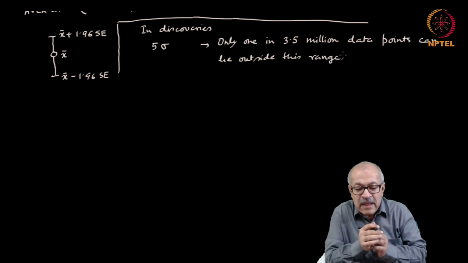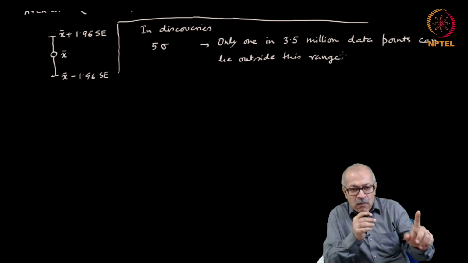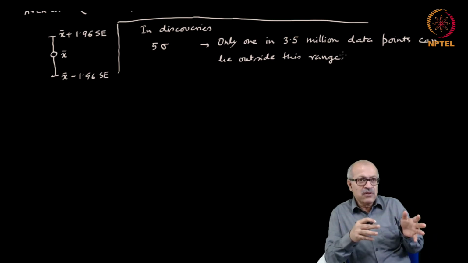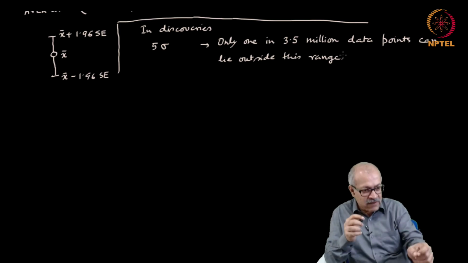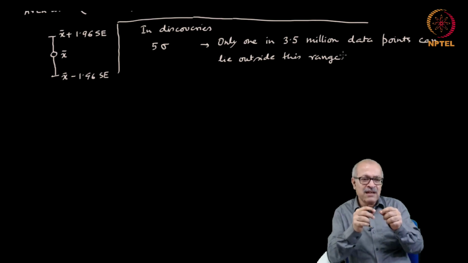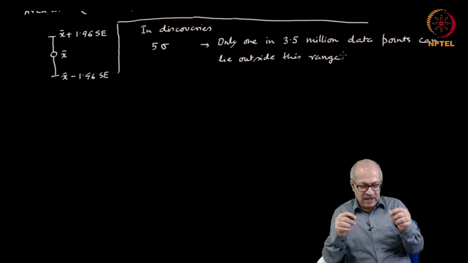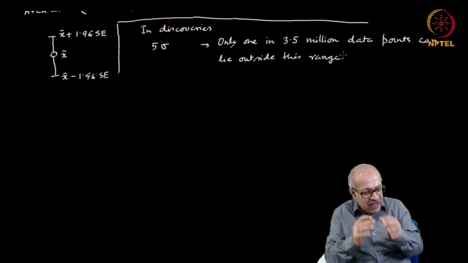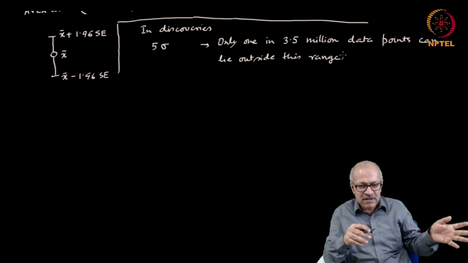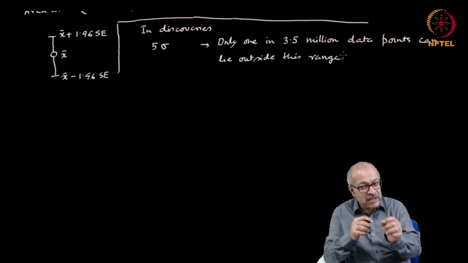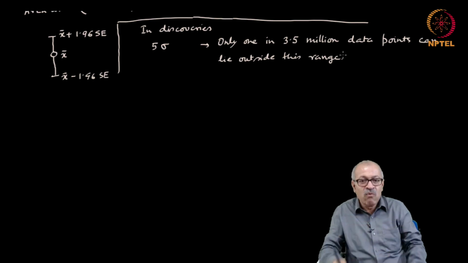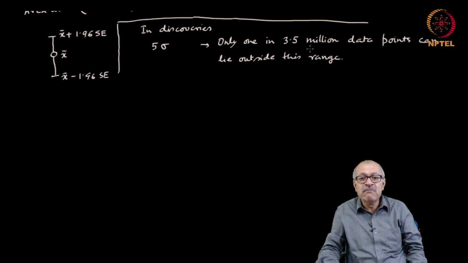Which means that if the result that has been obtained, for example, the discovery of the Higgs boson, was an observation where there was a kink in a graph, now if that kink happened due to a random chance event, then the possibility of such a random event being detected is 1 in 3.5 million.